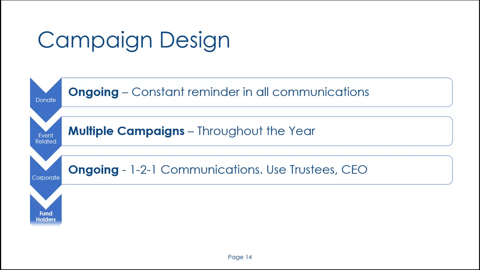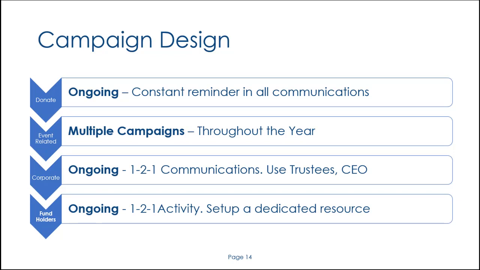And then finally, the fourth category I want to talk about is fund holders. And as I say, this is an ongoing research-based project, and it's a one-to-one activity using desk research and in-depth analysis of the aims and objectives of the different fund holders to see if they fit with your charity's operation.